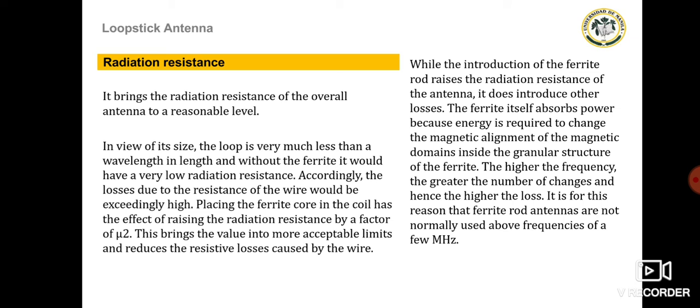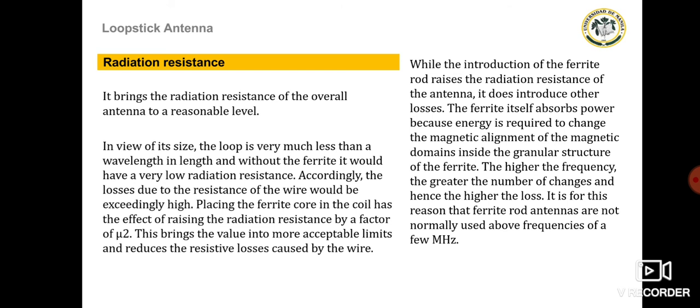Placing the ferrite core in the coil has the effect of raising the radiation resistance by a factor of permeability squared. This brings the value into more acceptable limits and reduces the resistive losses caused by the wire.